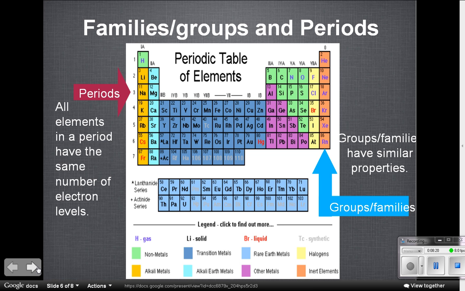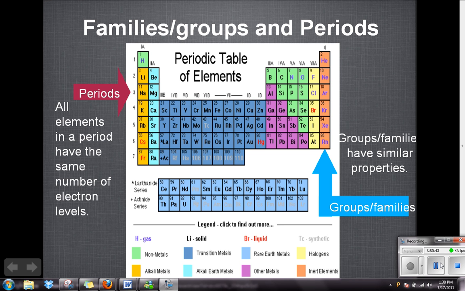So periods have the same number of electron levels. For example, look at period 2.